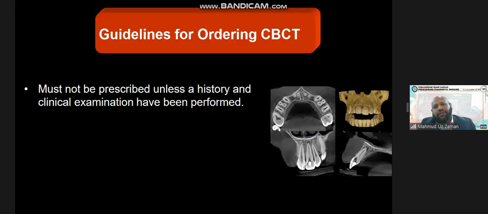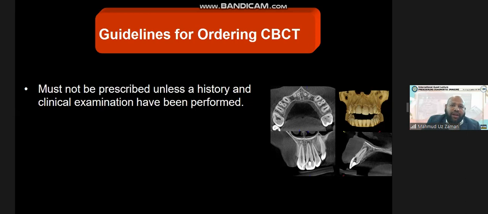And lastly will come our most commonly used 3D view in dentistry, CBCT. So you will not prescribe this one without any useful history or clinical examination having been performed.